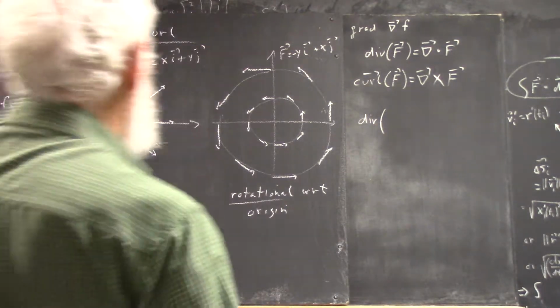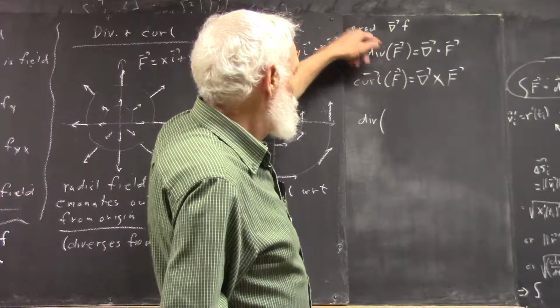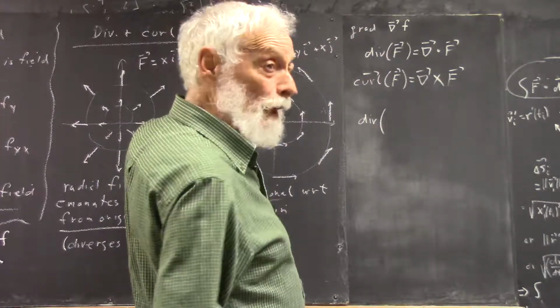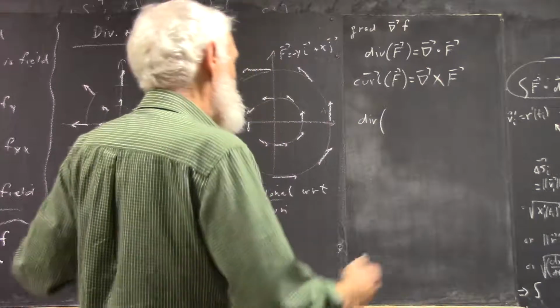Now I used F for both of these fields, so obviously you can calculate the divergence for this one and for this one, right? Or for this one and for this one. I probably should have distinguished them, but okay.